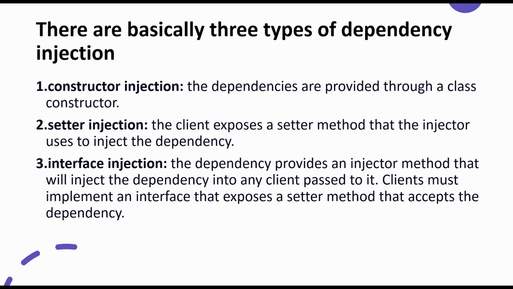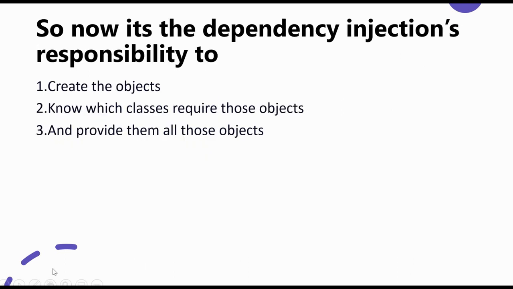So now the question arises: what are the responsibilities of dependency injection? Its responsibilities are to create the objects, know which class requires those objects, and provide them all those objects. That's it.